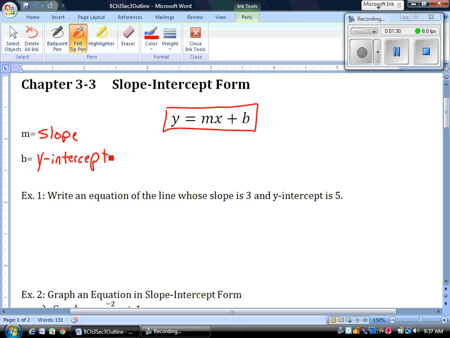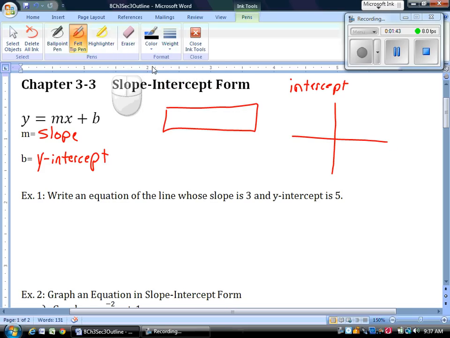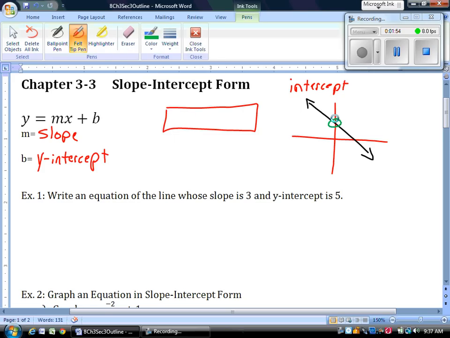If you don't remember what an intercept is, it's where the graph crosses the axis. So if I have this xy axis and I have a graph that looks like this, there's my line, the y-intercept is right there where the graph crosses the y-axis.